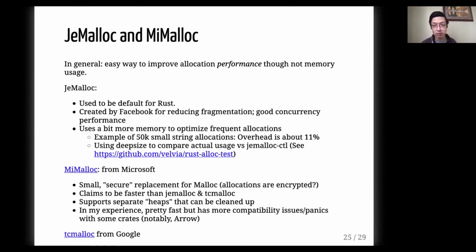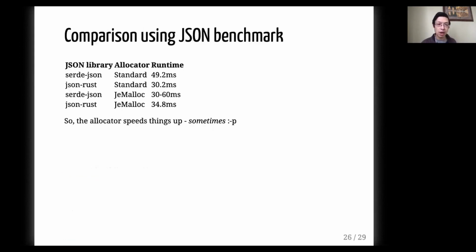It does have a bit of overhead in terms of memory used, but it is faster than the standard allocator. Another one to check out is called mimalloc from Microsoft. It is designed to be a small, secure replacement for malloc. And in practice, I do believe it is also faster. So you can check that out. And I have a benchmark that shows that sometimes it is faster.